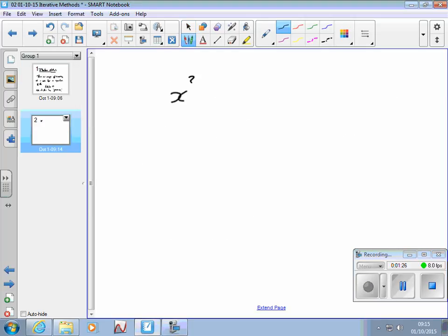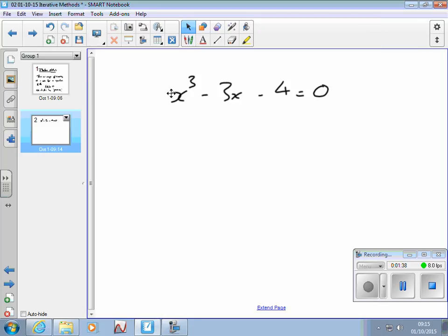x cubed minus 3x minus 4 equals 0. What do you suggest we do to try and guess that result?